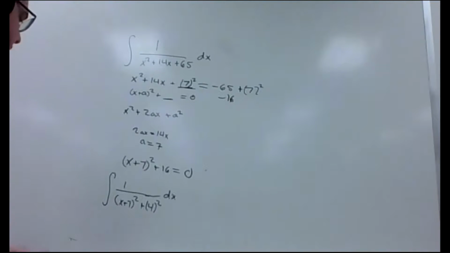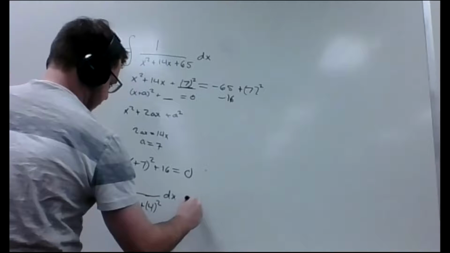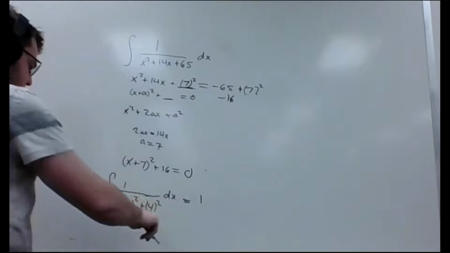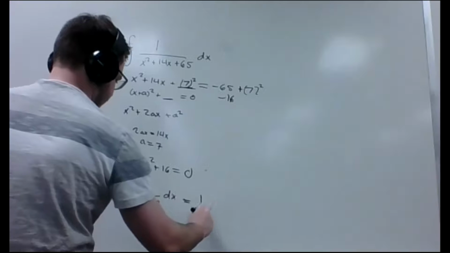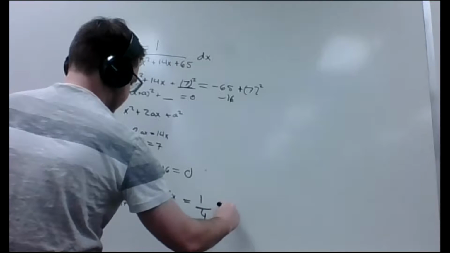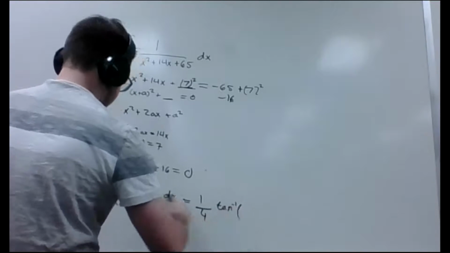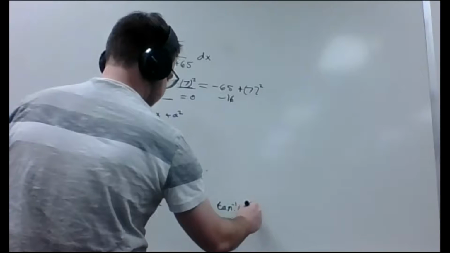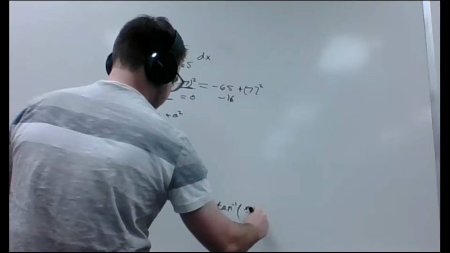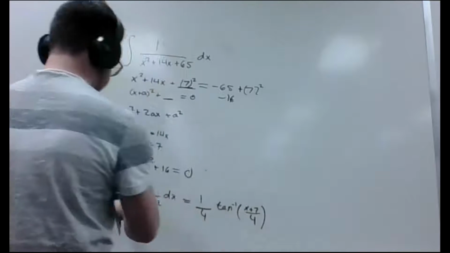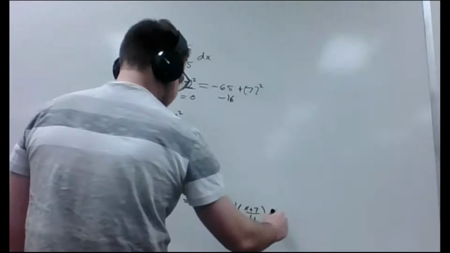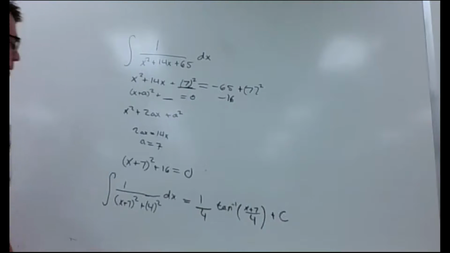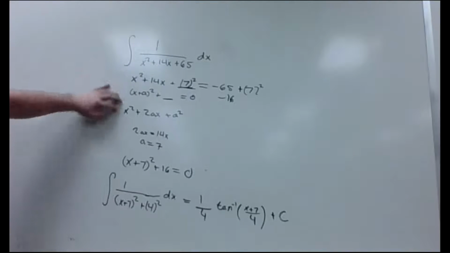It's going to be 1 over a, if you remember, so 1 over 4, and then tangent inverse of u over a, or x plus 7 over 4. And we're going to have this plus c on the end. So just completing the square.